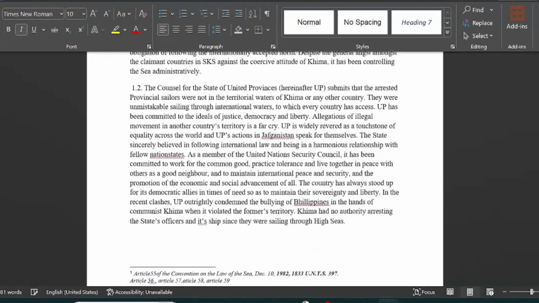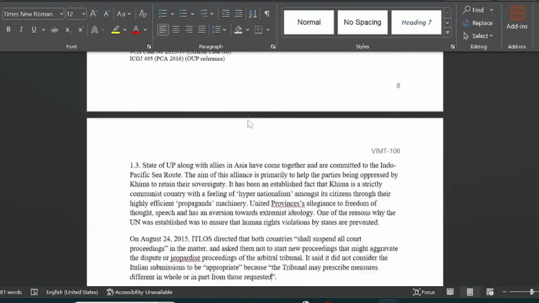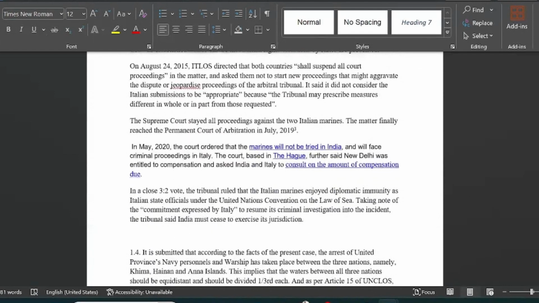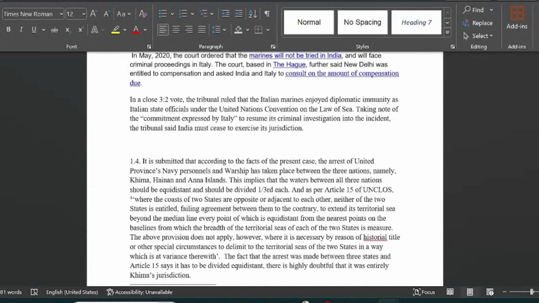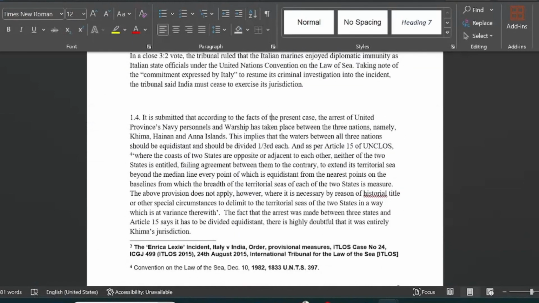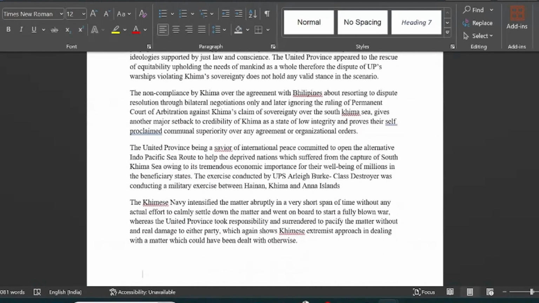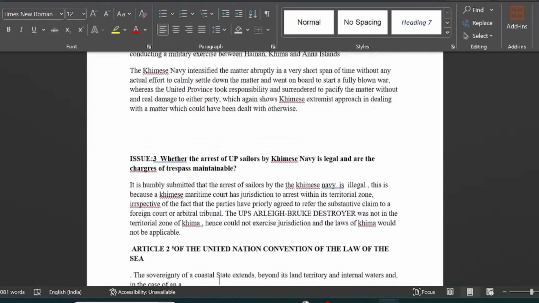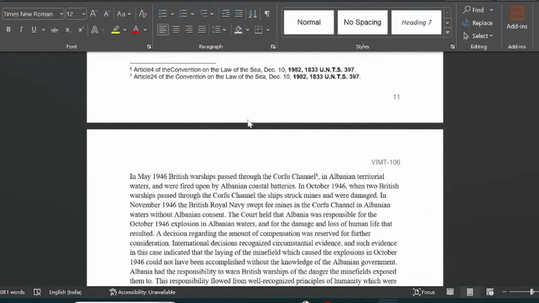All these arguments, if you want to go through them, you definitely can. We have tried to mention everything in much detail. More or less, it's the same across all the issues and all the sections. I'll not be taking you through the entire memorial, as this is not the real problem that you will be getting. That won't happen. Your problem is going to be very different from this, obviously.